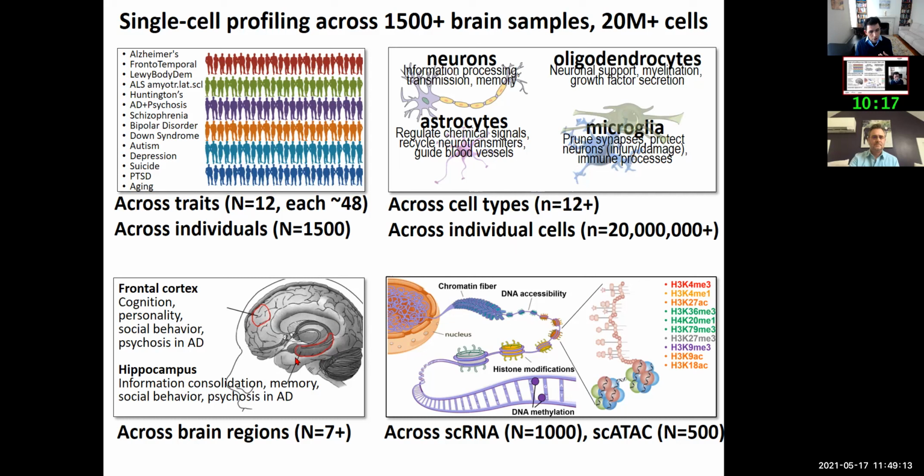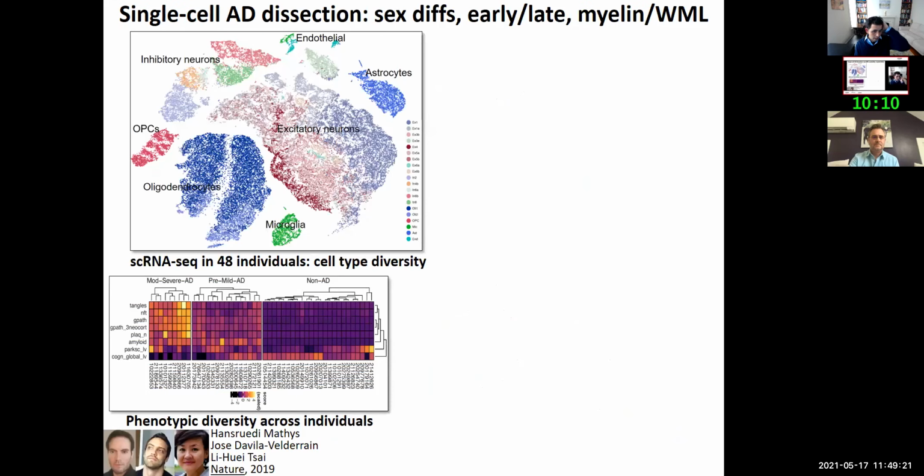We've looked at multiple regions and more than 1,000 RNA and more than 500 single cell ATAC datasets. In the first study that we published 2 years ago in Nature, in collaboration with Li-Huei Tsai, we studied 48 individuals across 84,000 cells, including pre-symptomatic individuals with high cognition and no pathological signatures, early Alzheimer's, and late Alzheimer's with dramatically reduced cognition and many neurofibrillary tangle and amyloid beta signatures.